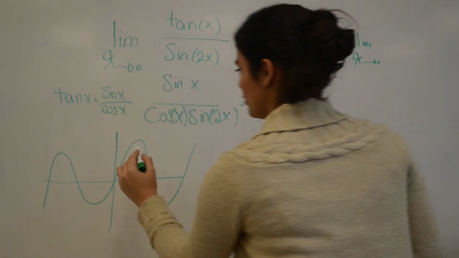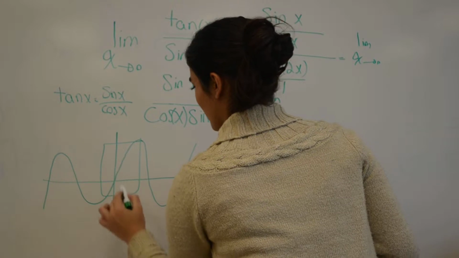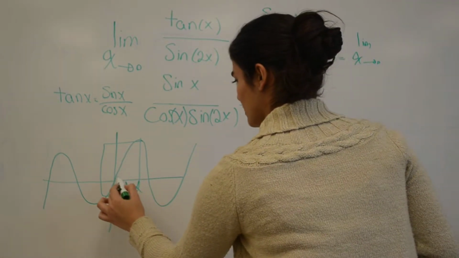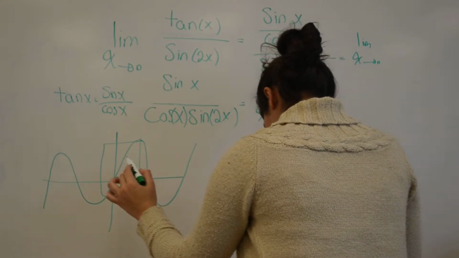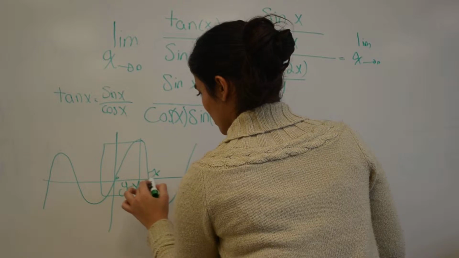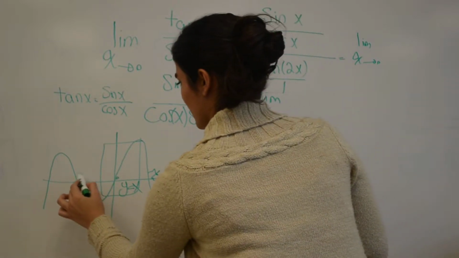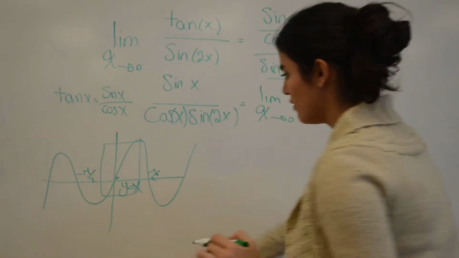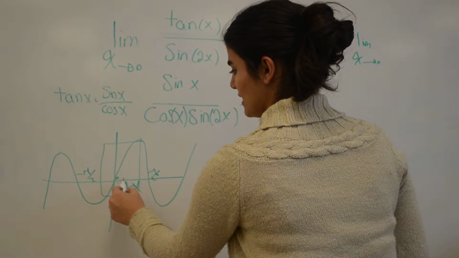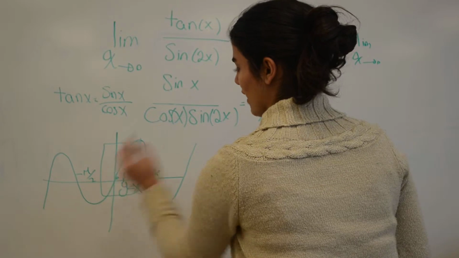When you zoom in on this part, you'll have the equation y equals x. We have 0 here, then pi over 2, and then it continues. Here we have negative pi over 2. If you zoom in, we have y equals x, which means that the limit of x as x approaches 0 will equal its y value.